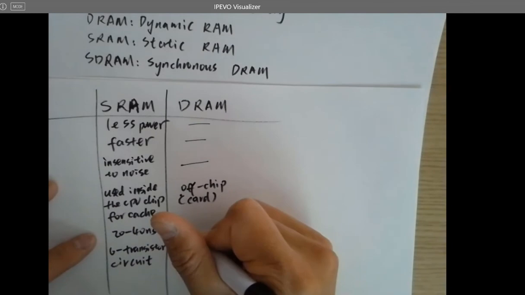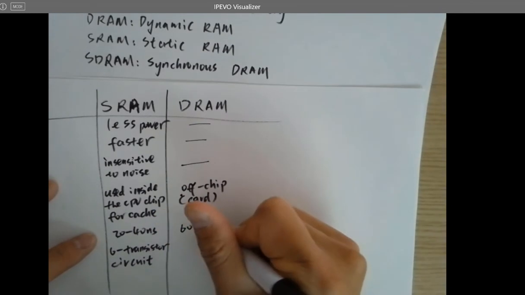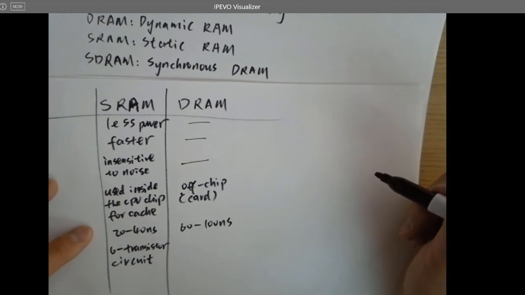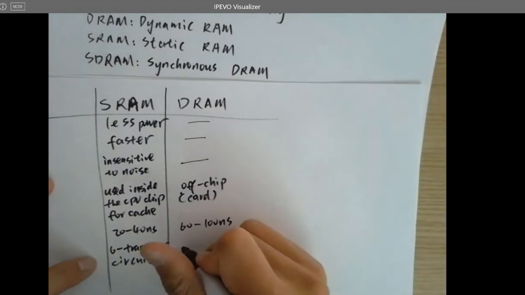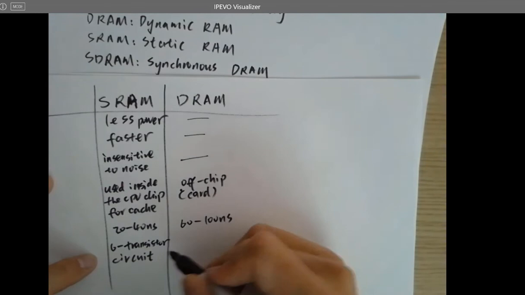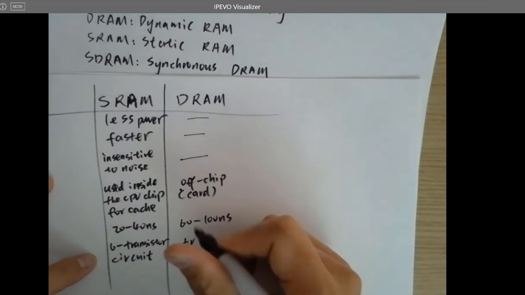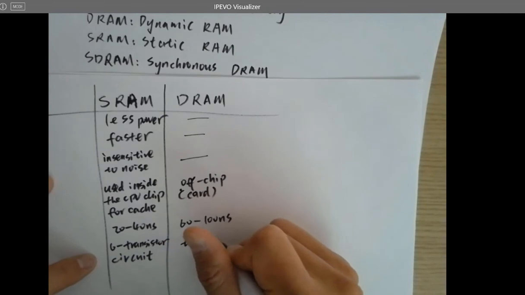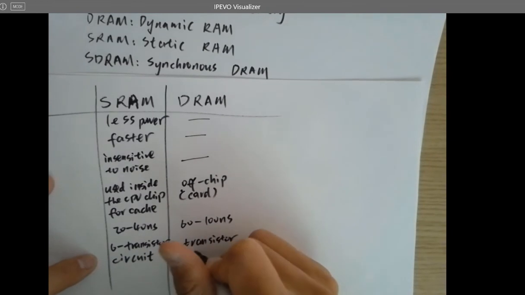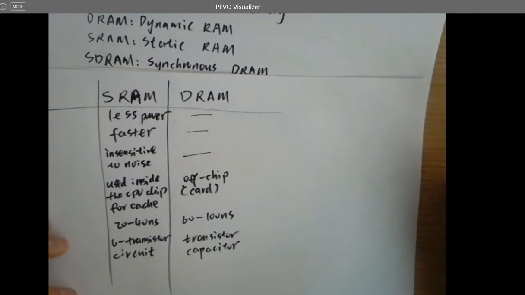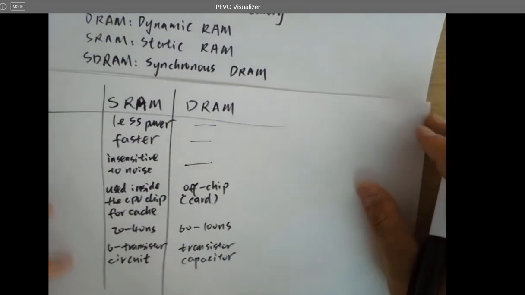The response time is 60 to 100 nanoseconds. It has a transistor and a capacitor, a little bit more compared to SRAM, but normally just one transistor and one cap for each cell. That's how I compare these two.